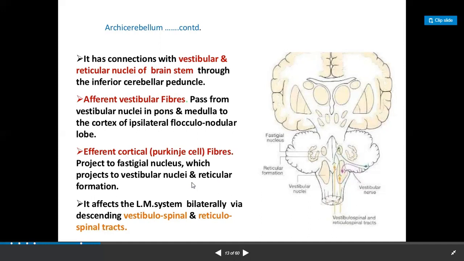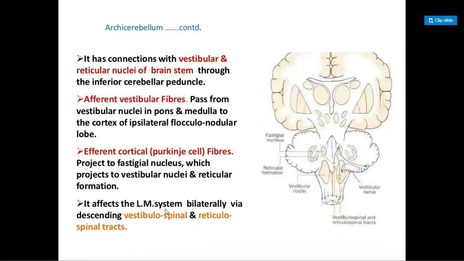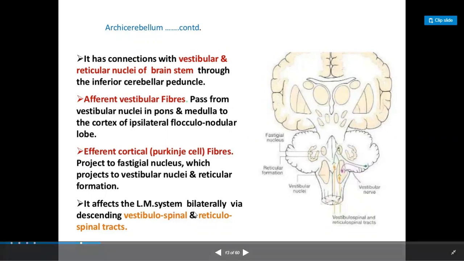Next, as it is the oldest part, it affects the limbic system as well. We have certain nuclei like the mesencephalic nucleus and lentiform nucleus. So it is connected bilaterally via descending vestibulospinal and reticulospinal tracts.